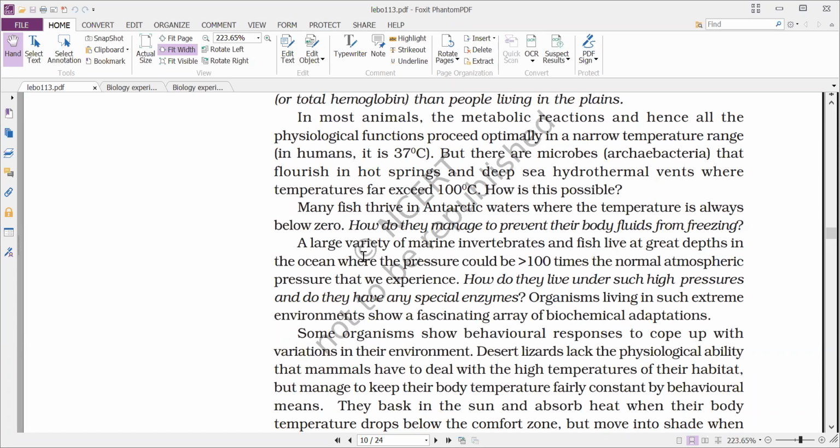How do they survive? When you observe the Animal Planet or National Geographic Channel, those organisms which are living at the deeper layers or at the bottom of the sea or ocean are usually flattened.